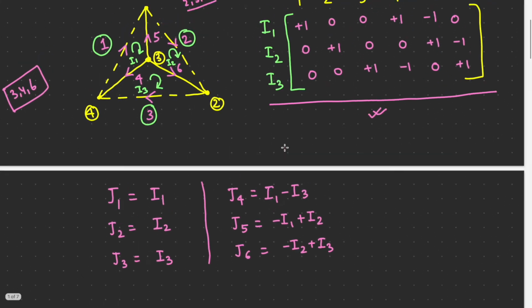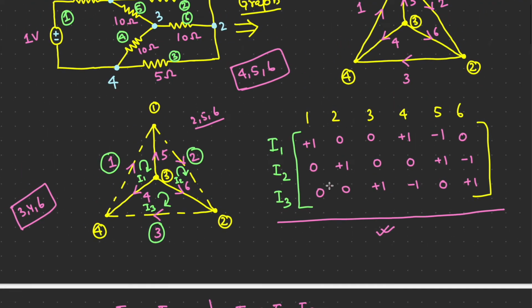Apart from this, what other information we get is, if I add each of the rows, I will get V1 plus V4 minus V5 equal to 0.